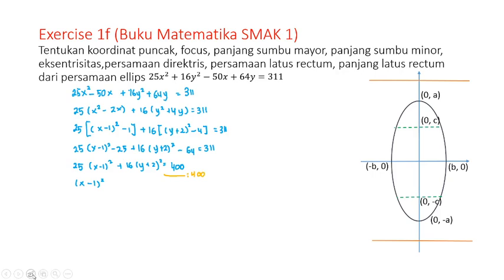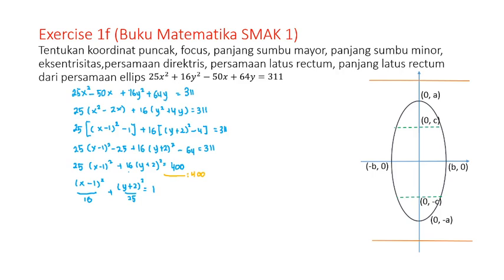So you have (x minus 1) squared over 16, since 400 divided by 25 is 16, while (y plus 2) squared over 25, since 400 divided by 16 is 25. So you have to check that in the equation of an ellipse, the right side should always be 1.